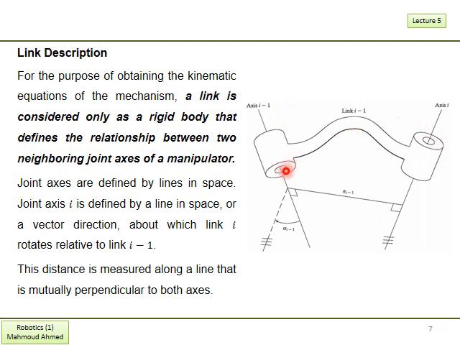We have here a joint on this axis, we call it I-1, and the other joint is axis I, and in between is this link I-1, referred to the joint with the lower number I-1. So the link is considered to be a rigid body that defines the relationship between the two joint axes here.